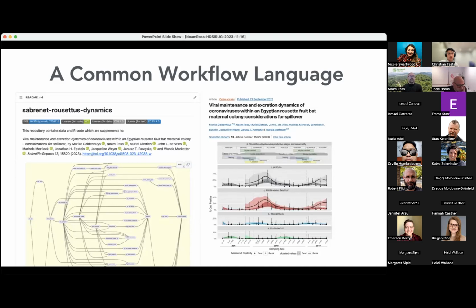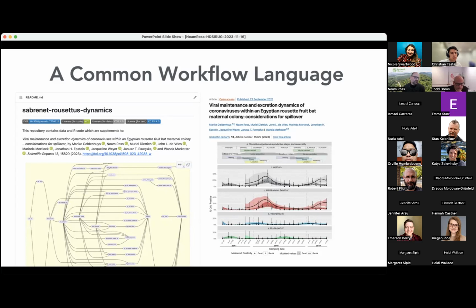And so I want to show you some examples of how we use targets at different scales. So this one is public already. This is a publication I recently put out with some colleagues in South Africa on the circulation of viruses in a population of bats in a cave in northeastern South Africa, and different coronaviruses that live in those species and the seasonality of their shedding.